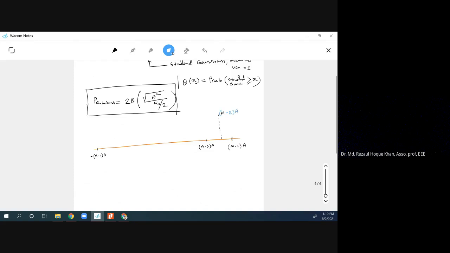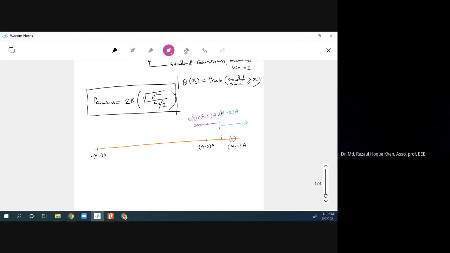So we will have a right decision if rt is this way, and a wrong decision if rt is in this direction. For example, if rt is less than m minus 2a, then the error happens, right? That is the error for this point, for this constellation. Okay, so how do we find it for the endpoint?